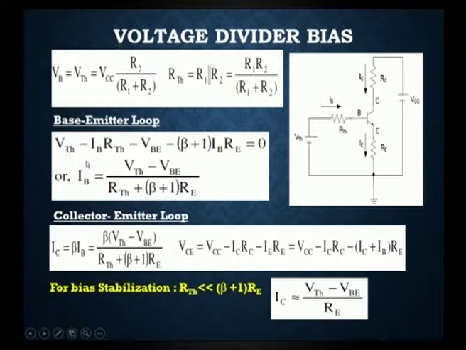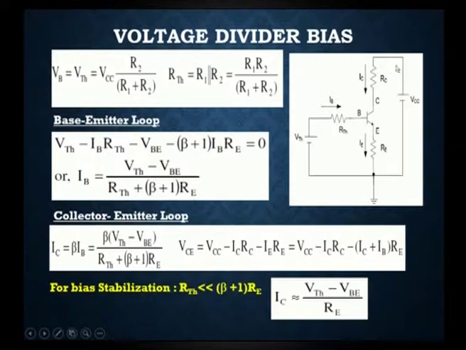From the base-emitter loop, VTH minus IB into RTH minus VBE minus beta plus 1 into IB into RE is equal to 0. From this expression we can easily find the base current: IB is equal to VTH minus VBE divided by RTH plus beta plus 1 into RE.